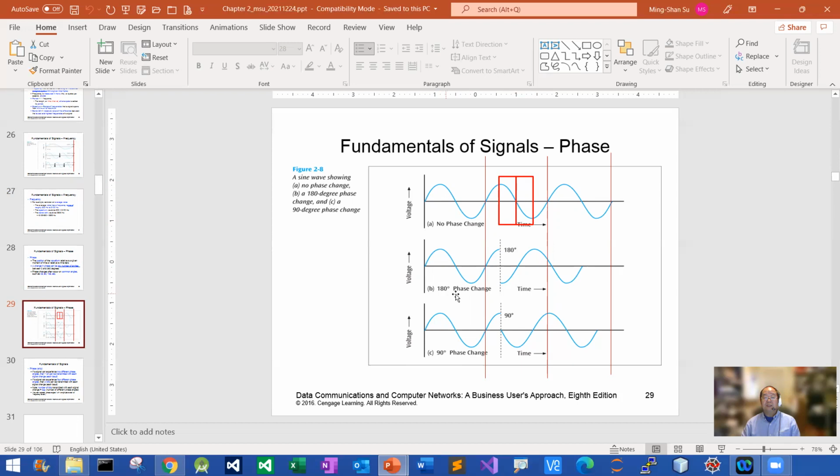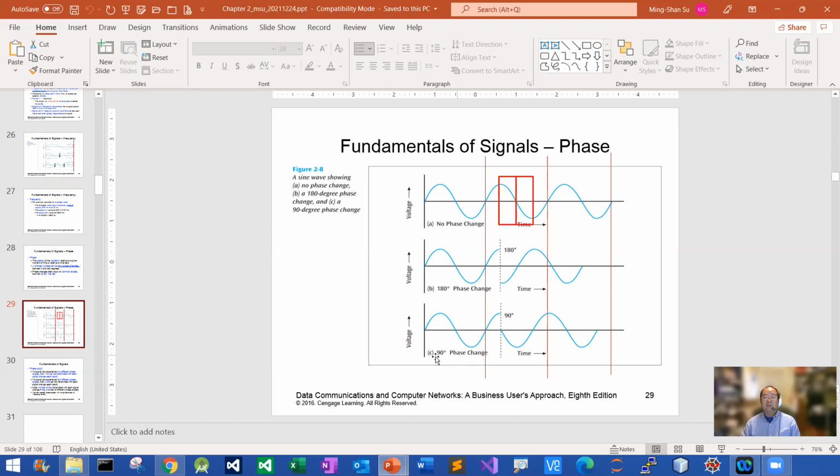Theoretically the wave goes up to 90 degrees and then it should go down, but at this point it directly drops, or connects to this waveform over here. We count this one as 90 degrees and this one another 90 degrees, which shows a 180 degree phase change. So this is how you can see it.